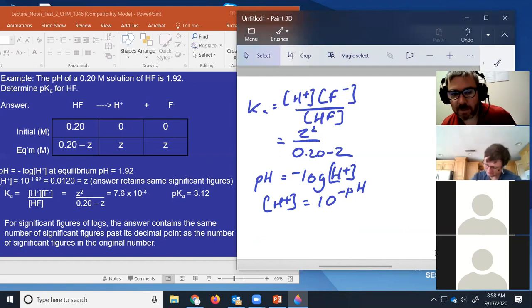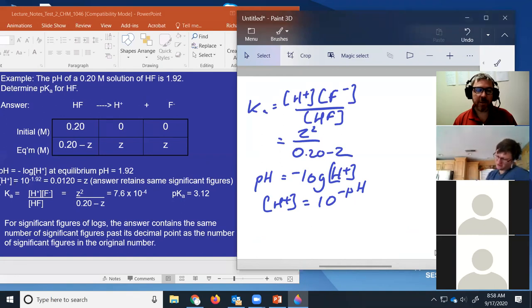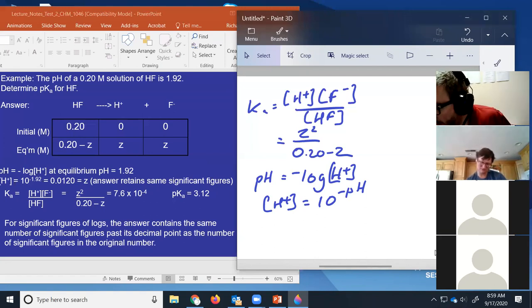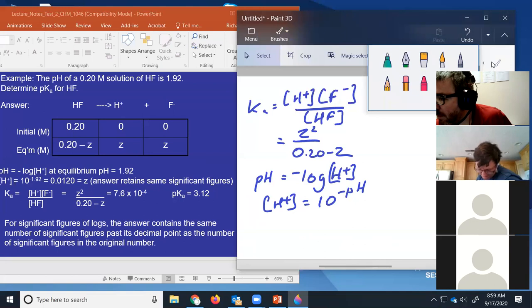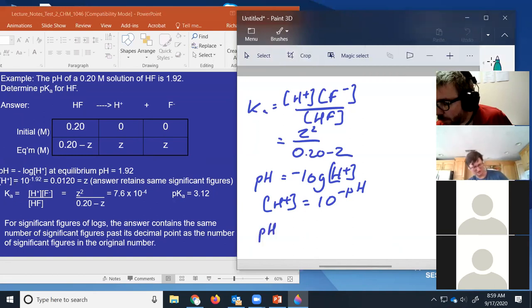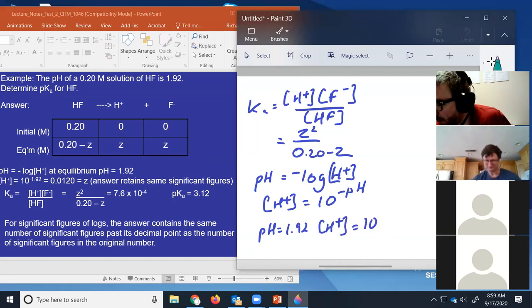So what that means is that we got the pH, and that pH is actually at equilibrium. It's 1.92. So pH is going to be 1.92, which means the concentration of H plus is going to be 10 to the negative 1.92.